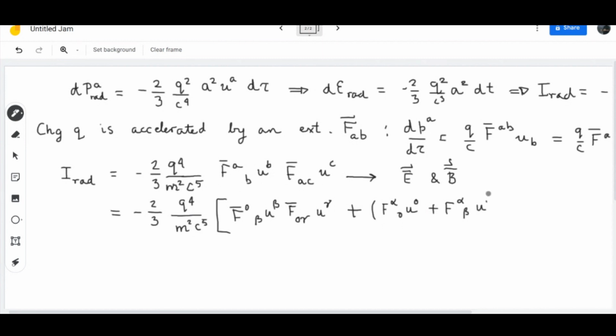So that's the first factor. And the second factor will be very similar, F bar alpha 0, U 0, plus F bar, sorry, I've forgotten the bars. After announcing the bars, I've forgotten. Alpha gamma.